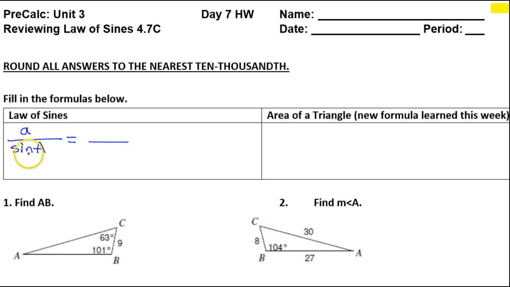So side A divided by the sine of angle A will equal side B divided by the sine of angle B, the opposite angle, which will equal side C divided by the sine of angle C. That's the law of sines.